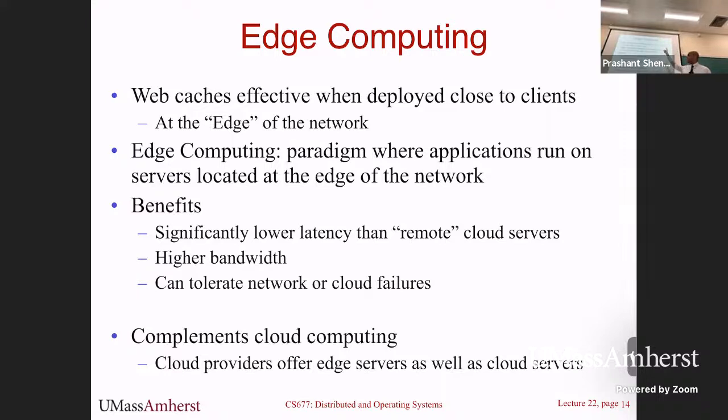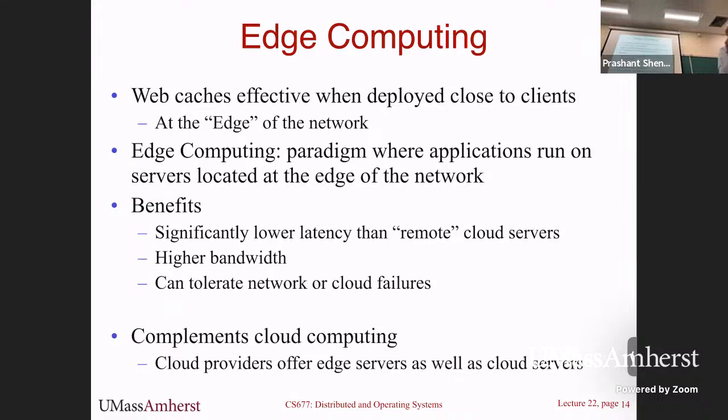You have to remember that edge computing is now actually an extension of cloud computing. Although edge computing was initially designed for doing something like caching web services or helping mobile devices, as we will see, now the way this is actually done is cloud providers have themselves put servers on the edge.